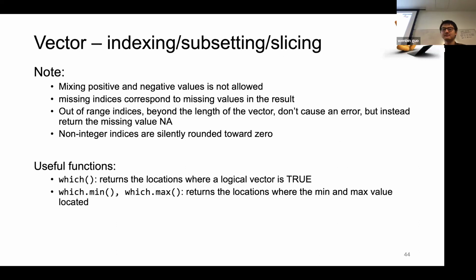You are trying to find the position where you achieve the minimum or the maximum value. Sometimes in optimization algorithms, like when you are running an EM algorithm, you really want to say, at what position do I achieve the maximum magnitude. So this is really useful in statistical computing.